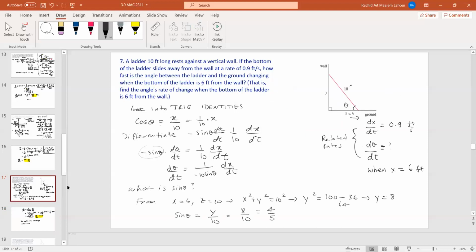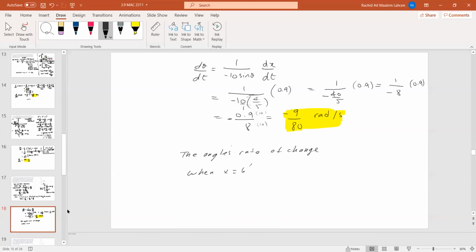That's what's given there, is 9 over 80. So you will enter 9 over 80 as exact form for this question.